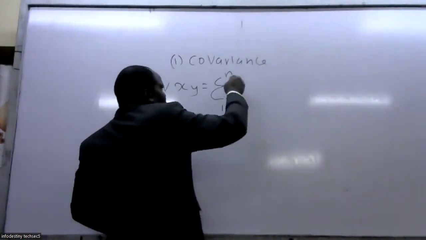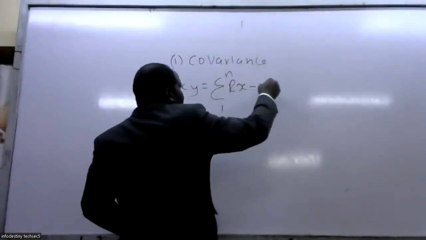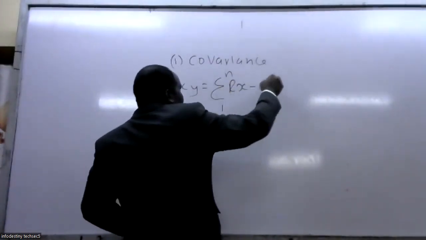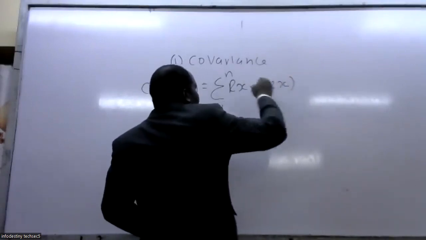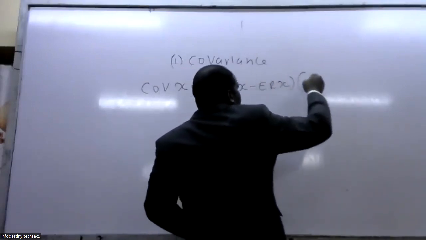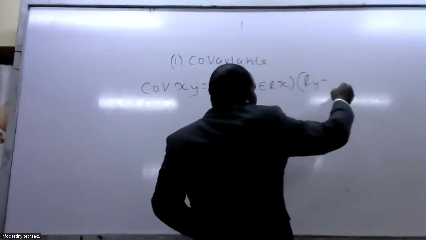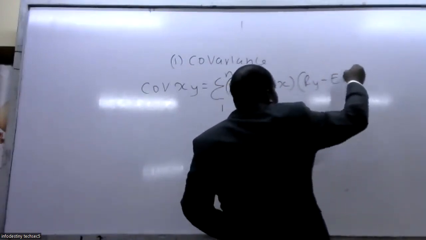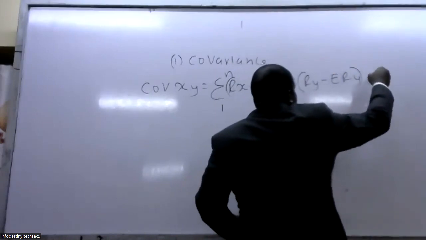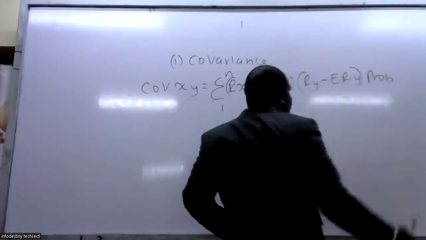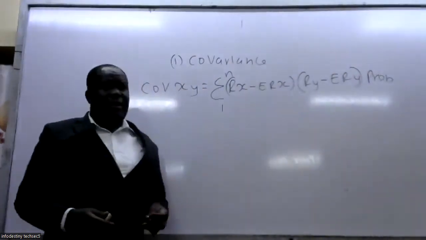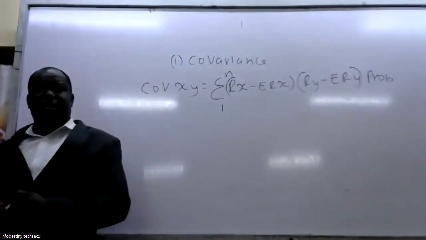Then you take the returns of X minus expected return for X, also return for Y minus expected return for Y. Then we multiply by the probabilities like that.